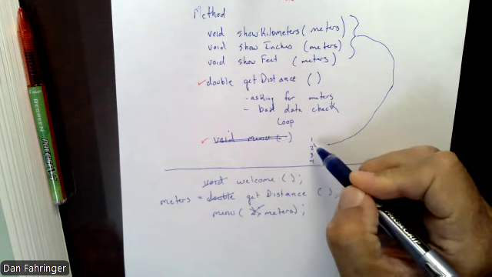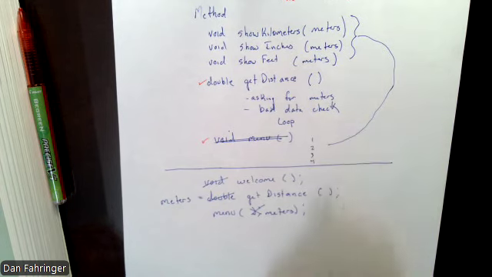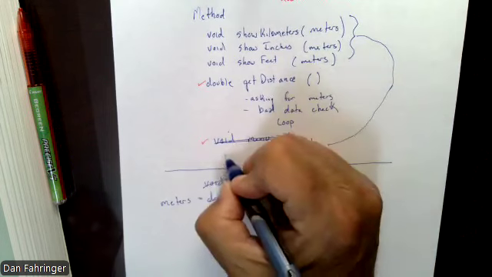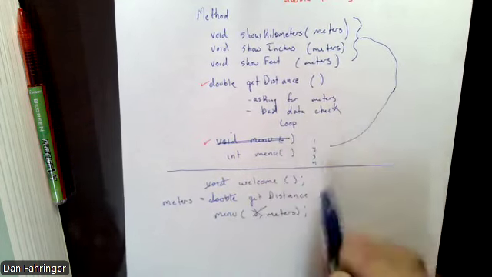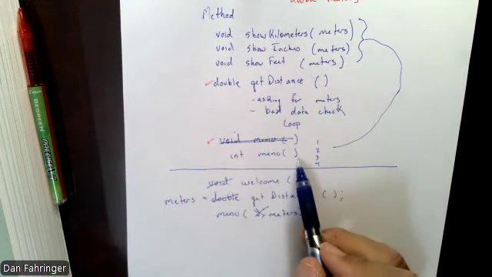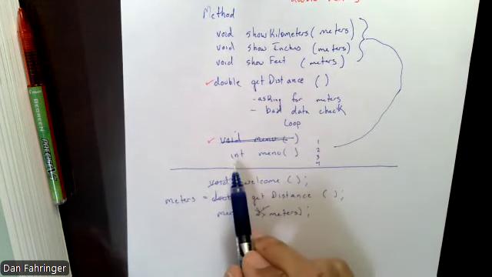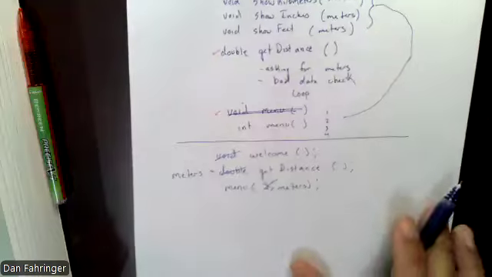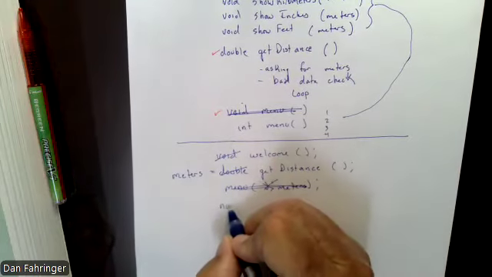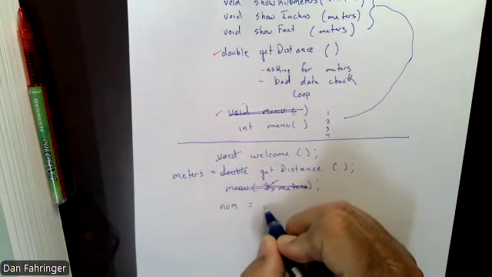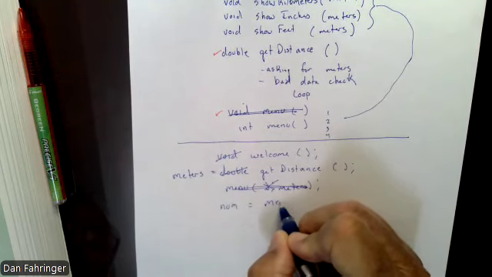Everybody still with me? We're going to display our menu and ask for a number. So we're going to say int menu. Menu is going to display what my 4 options are and return a number. So now I'm going to say something like num equals menu.